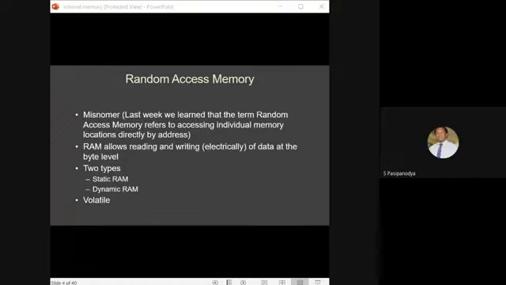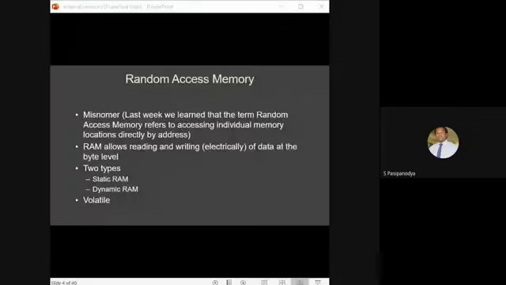So, because of this, we have two significant types of random access memory, namely the static RAM as well as the dynamic RAM.